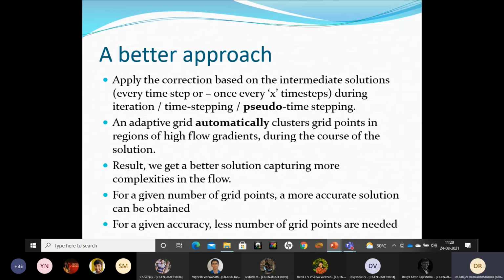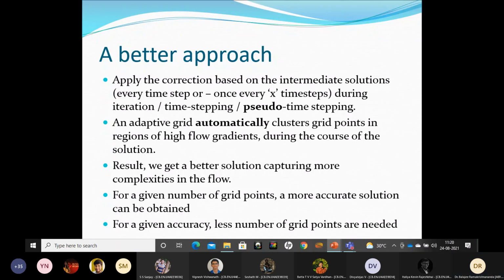So you can use it in two ways. For a given number of grid points, let's say I can use only 2 million or 3 million grid points in my computer, or that's what my software allows, you will get a more accurate solution because you'll be clustering the grid points at regions of high flow gradients.